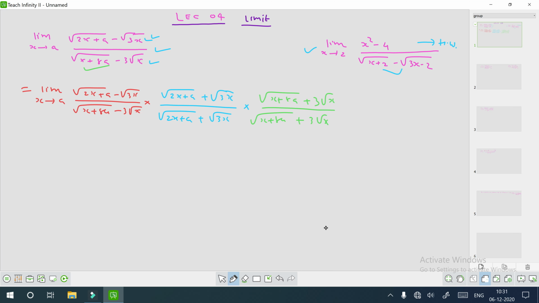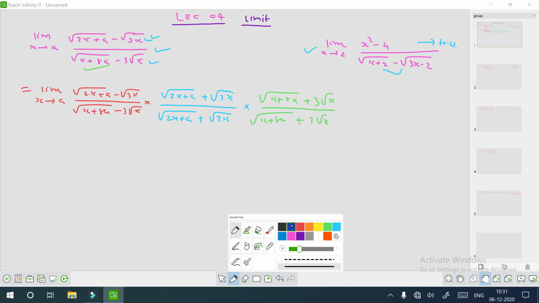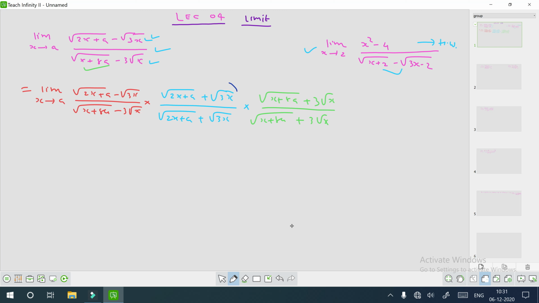Clear? Now see here. These two factors, what do we get? a minus b, a plus b. So a square minus b square, yes or no? Yes. That is equal to limit x tends to a, 2x plus a minus 3x. Yes?